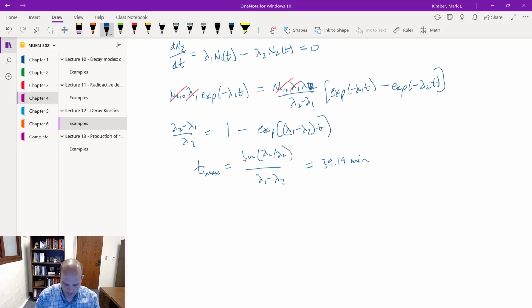And we're going to substitute that back into the expression for N3. And then once we have N3, we'll convert that back to grams because that's what it's asking us for.